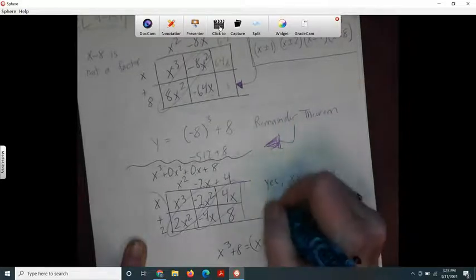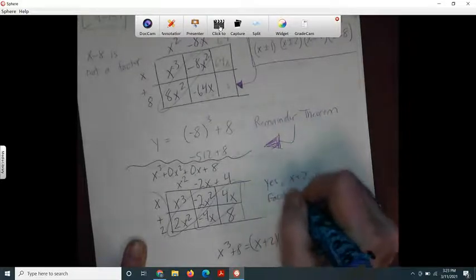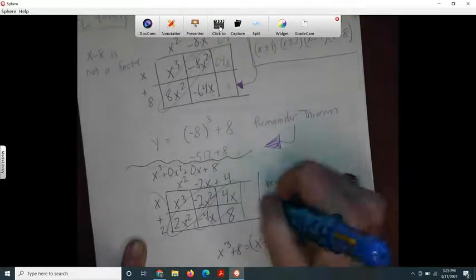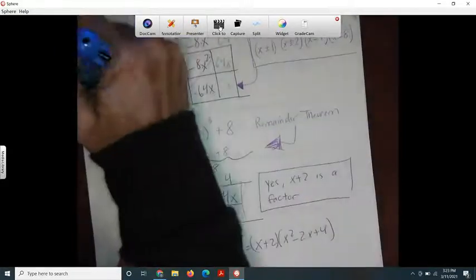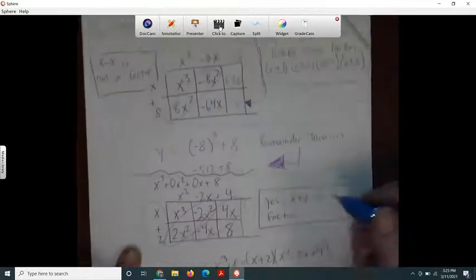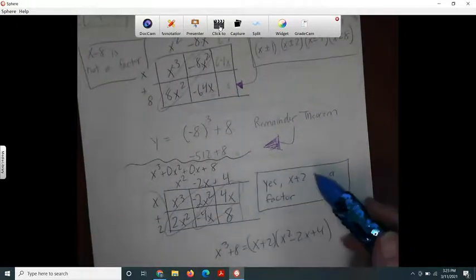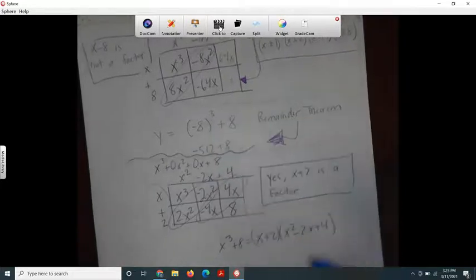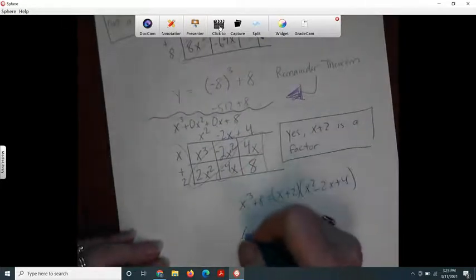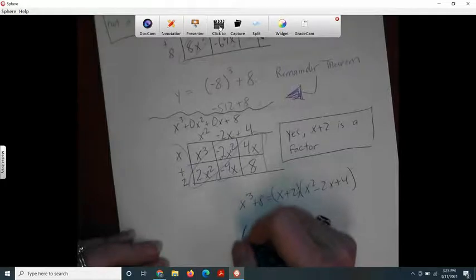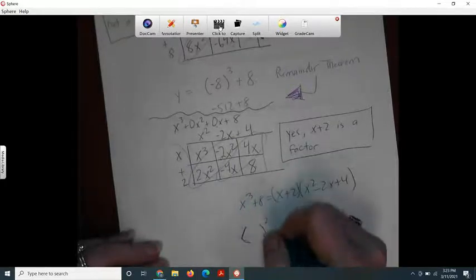Okay, and there's another way to do this. If I didn't want to do all the division, I could do it by going like this. Oh, wait, here, let's make this x cubed plus 8. If I plug in negative 2 here, and if that makes y 0, then I know it's a factor.